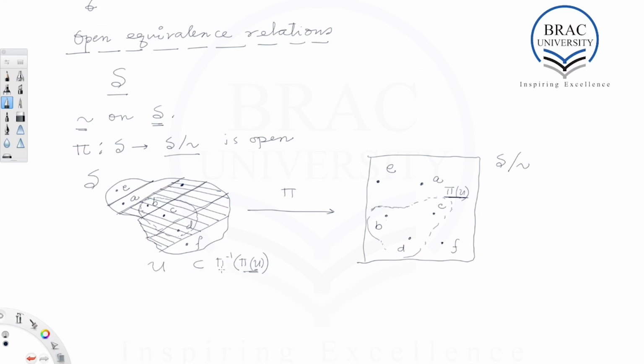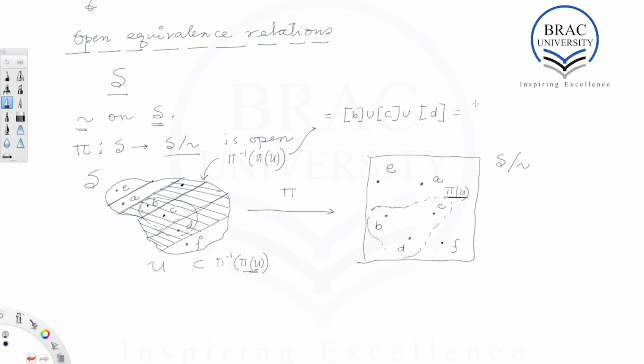U is contained in this, so this shaded region is the inverse image of pi U actually, right? This shaded region, yeah, which is nothing but the union of these 3 equivalence classes, right?